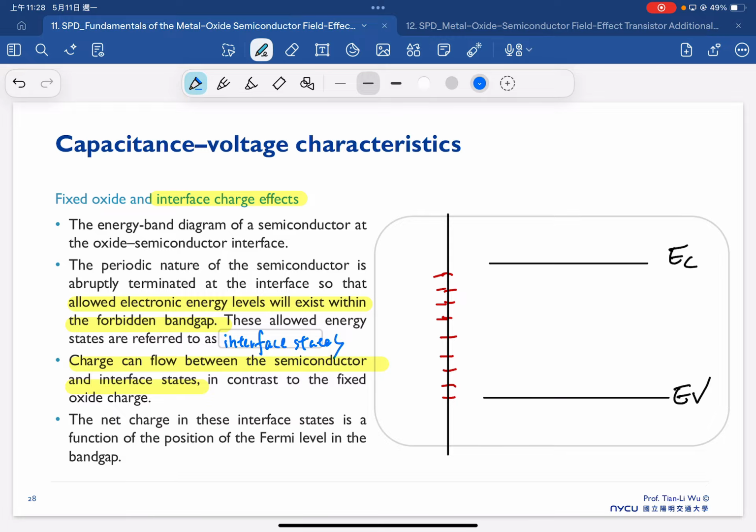For example, once we have electrons at this interface, the electron can flow and be captured by this interface state, which leads to electron trapping.